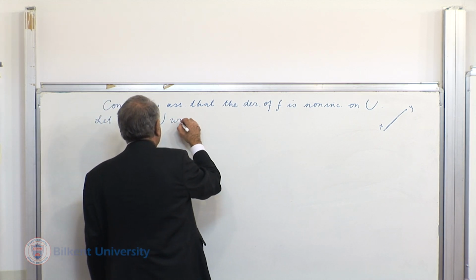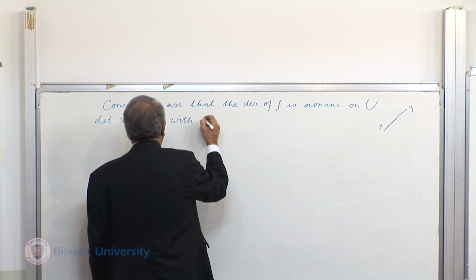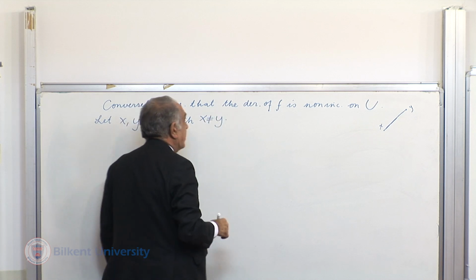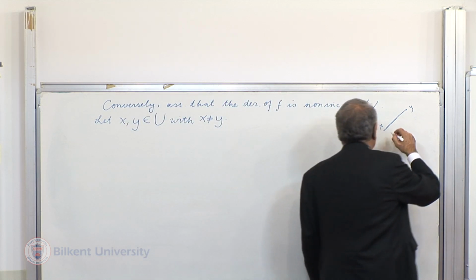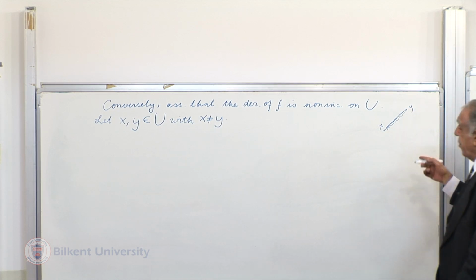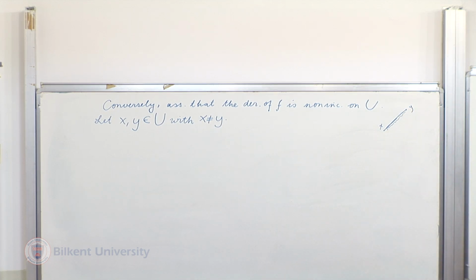With x different than y, now I can trace all the points between them by forming lambda x plus 1 minus lambda y when lambda is in the unit interval 0, 1.